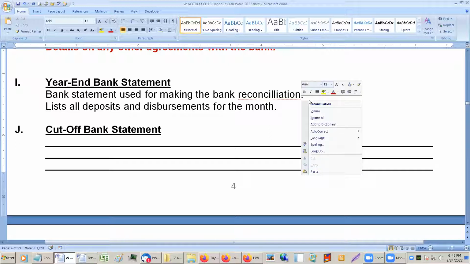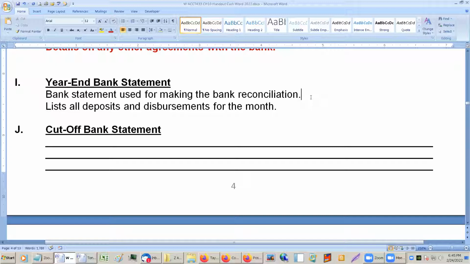It lists all deposits and disbursements for the month.